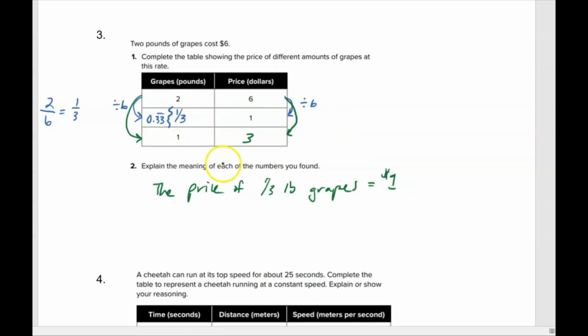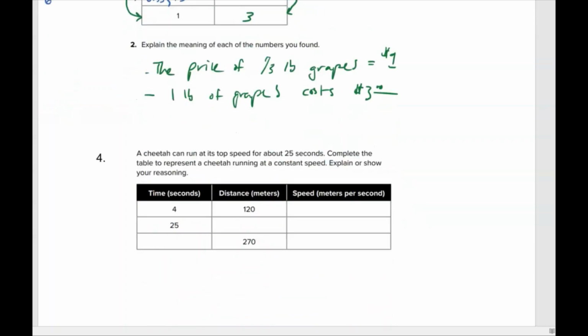Okay, for $1 I spend, I can get a 1/3 pound of grapes. The second number that I found means 1 pound of grapes costs $3. Okay, so those are what those two represent in that table.